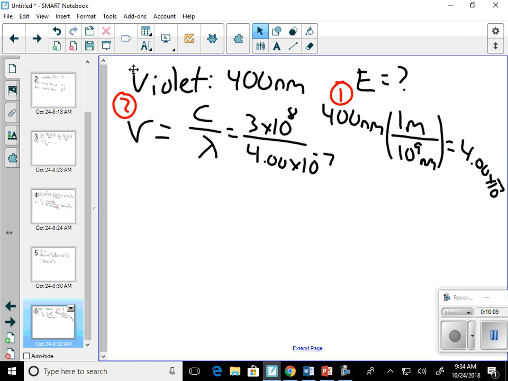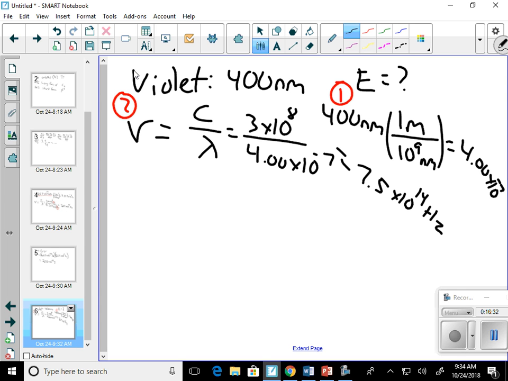Step number 2 is, well, let's plug into that equation. This step right here is 7.5 times 10 to the 14th. That would be the frequency, the new value. If my original question was, hey, here's violet light, how much energy is given off?